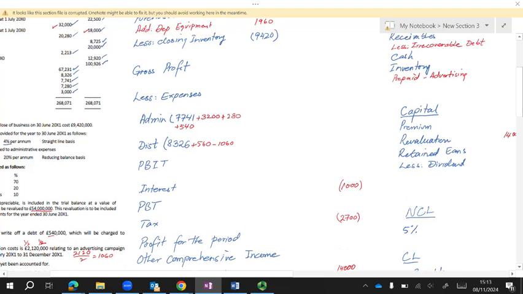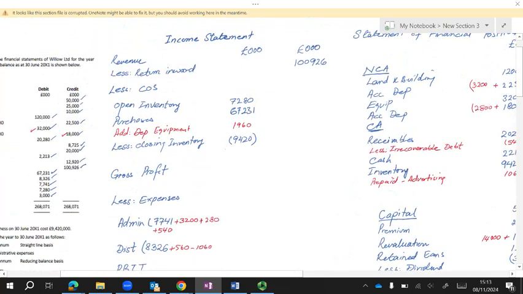Now let's close the income statement. Opening plus purchases plus the depreciation of equipment minus closing inventory gives us 67051. That is cost of sales. If we subtract it from our sales, gross profit will be 33,875.